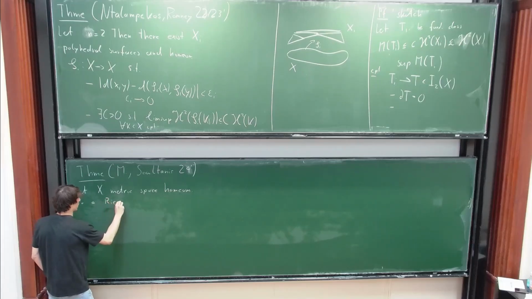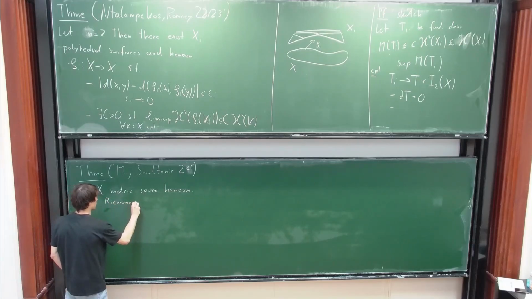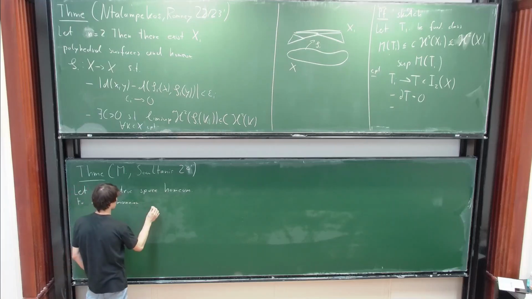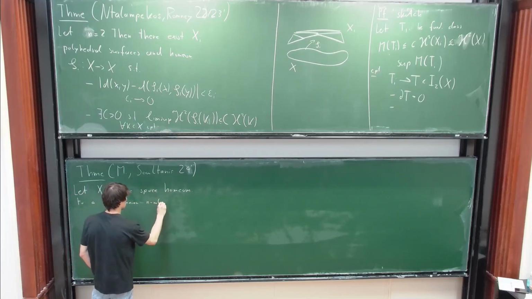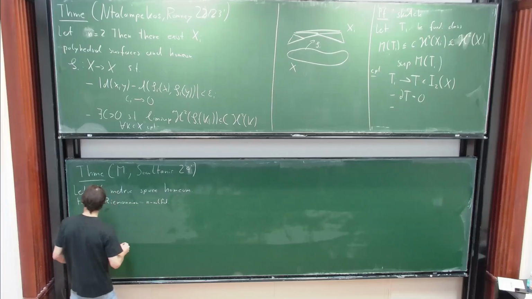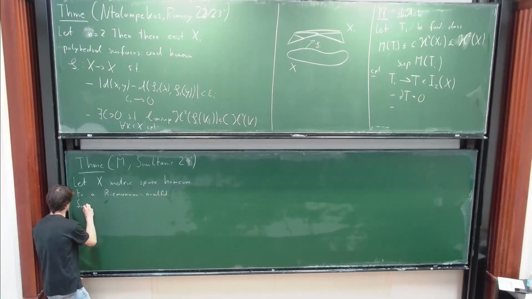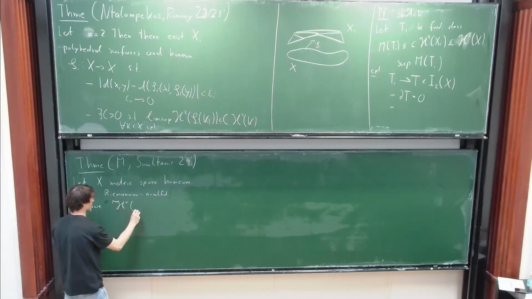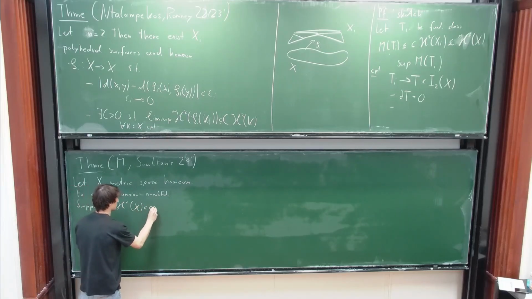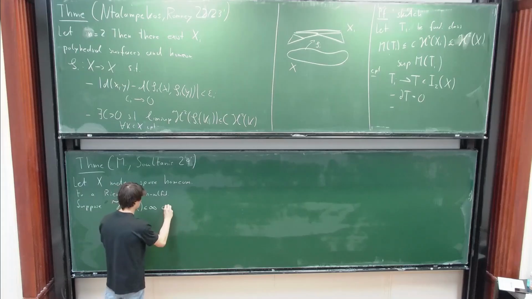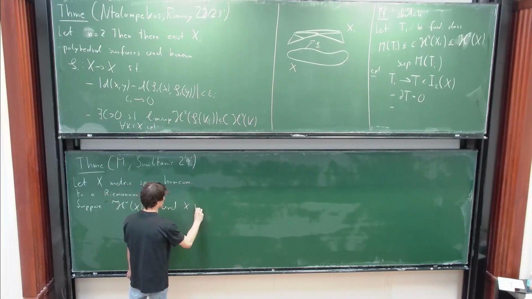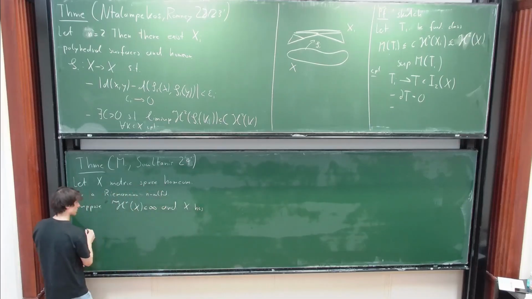Well, again, it's always closed, oriented, and connected. And we suppose that the Hausdorff n-measure is finite to avoid fractal behavior. And now we also want that the Nagata dimension is finite. I will say something about this later on.